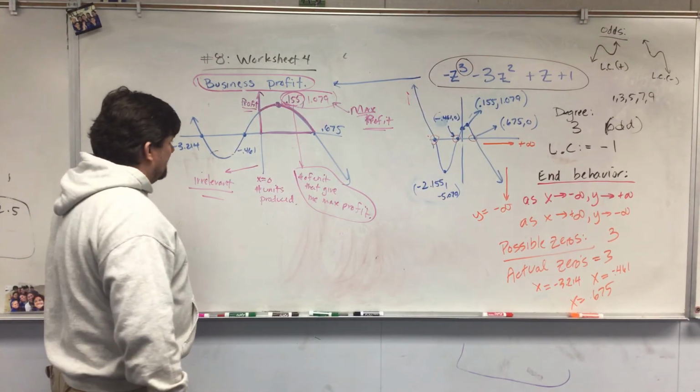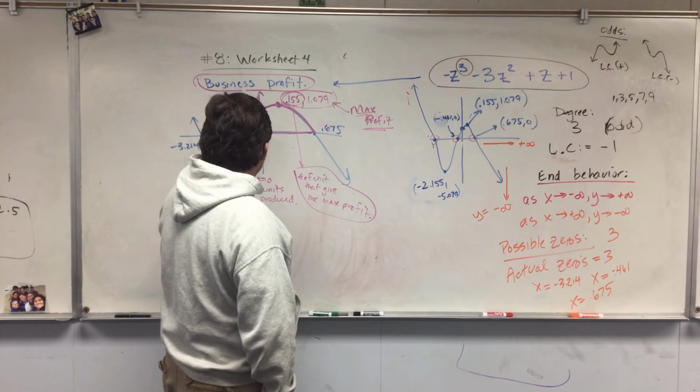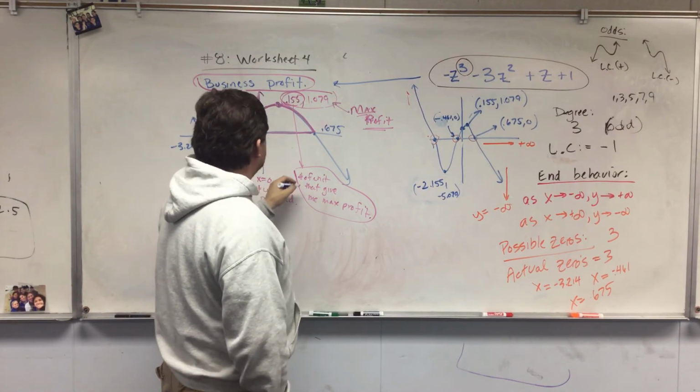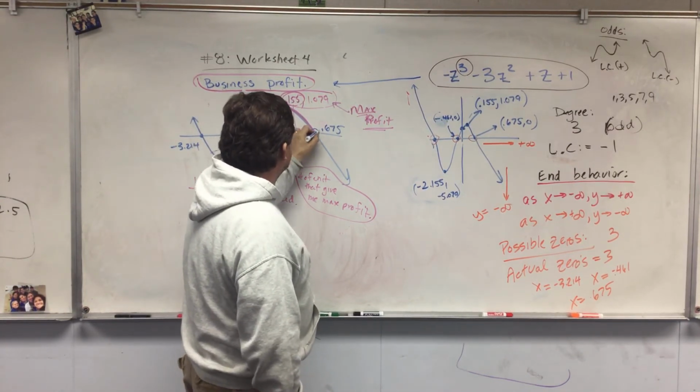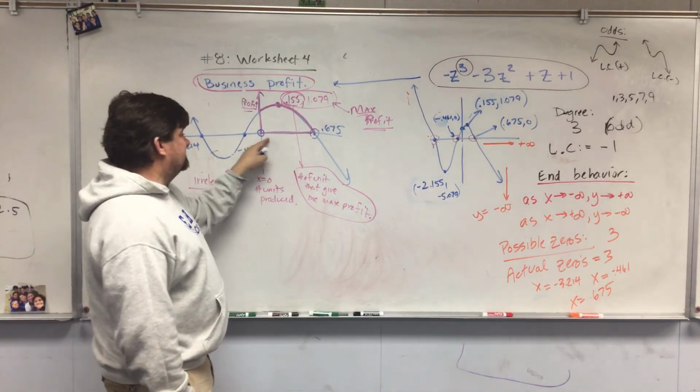And then the last thing is the boundaries. In other words, I want to produce more than 0, but I want to produce less than 0.675 because I want to stay in between these two.